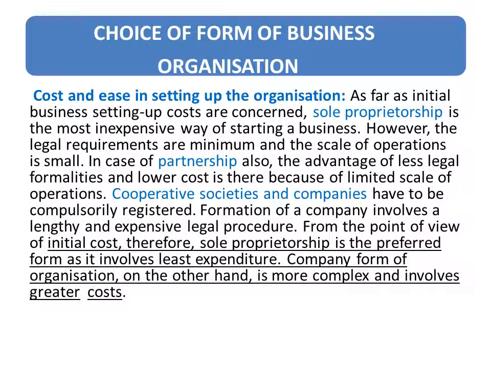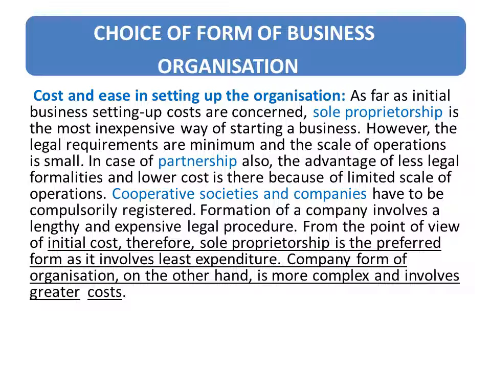So while you are in the process of choosing a form of business organization, first you will look at cost and ease in setting up a business organization. Sole proprietorship is a very inexpensive form of business organization, because no kind of legal formality is required. In the case of partnership, there are some legal formalities but very few.